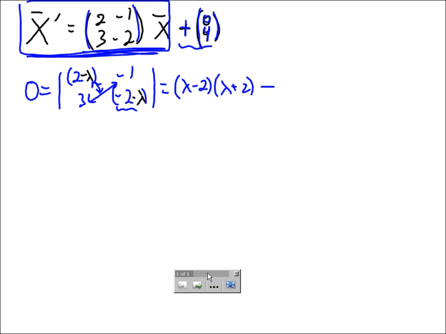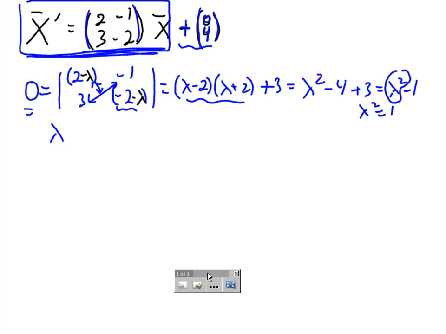But that product is negative 3, so it becomes plus 3. So this here is lambda squared minus 4, but then you add 3. You have lambda squared minus 1. So this must be 1, because only 1 minus 1 will give me 0. So if lambda squared is 1, then lambda is plus or minus 1.